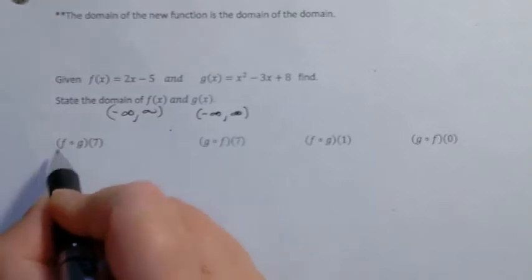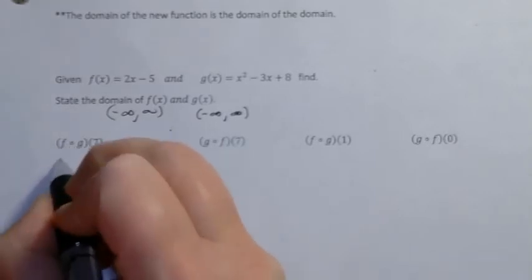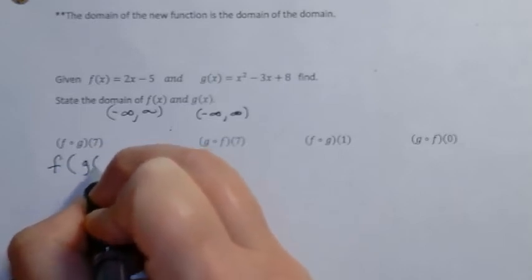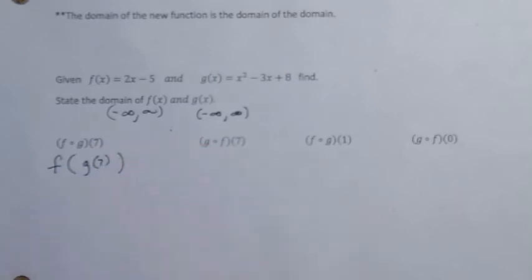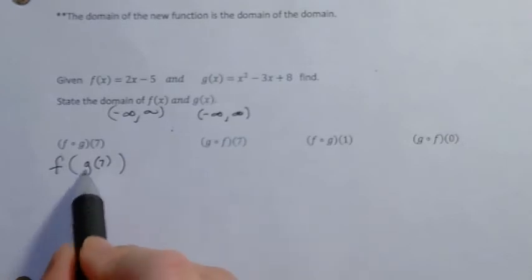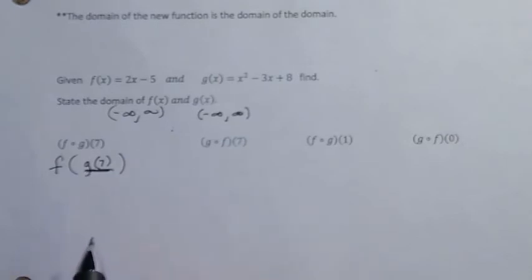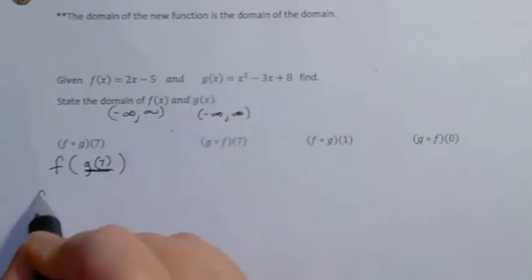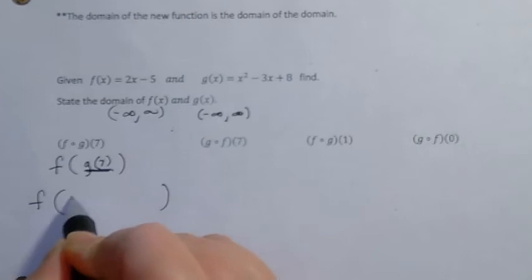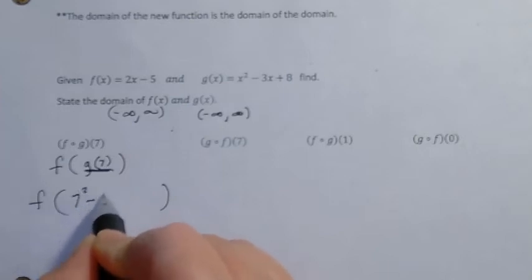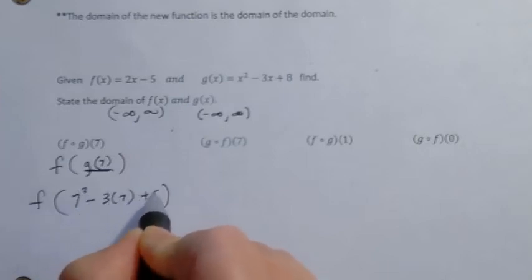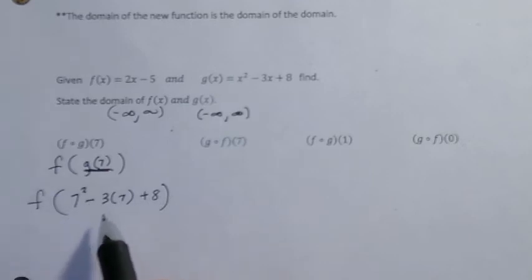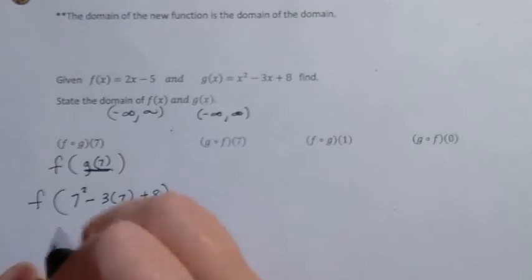So this says f of g of 7. So I'm going to have the f function applied to the g function at 7. I'm going to start by finding this part right here. So I'm going to put 7 into the g function. So I'm going to have 7 squared minus 3 times 7 plus 8. This is 49 minus 21 plus 8, which is 78.